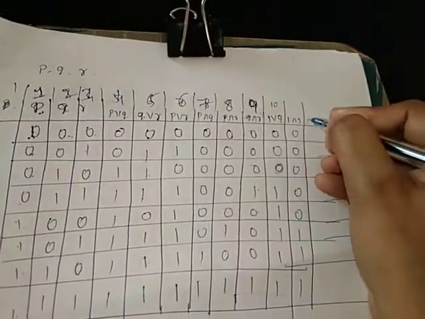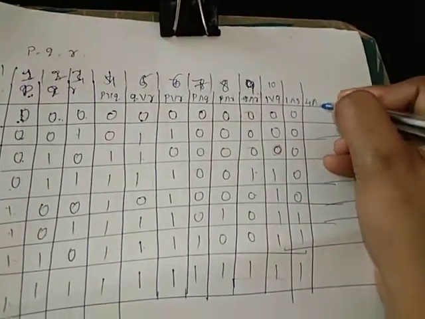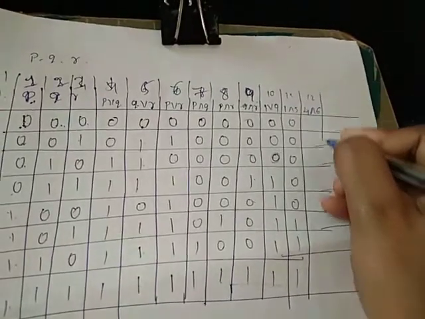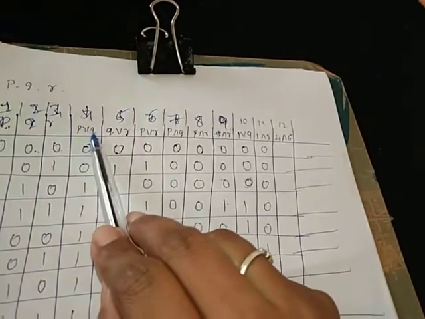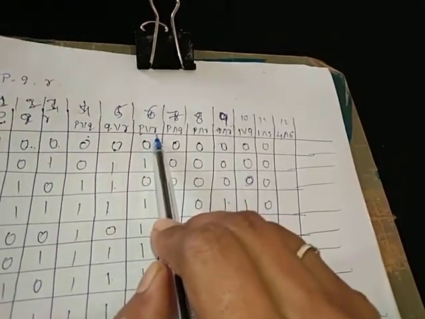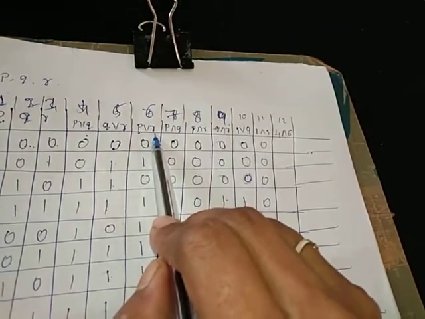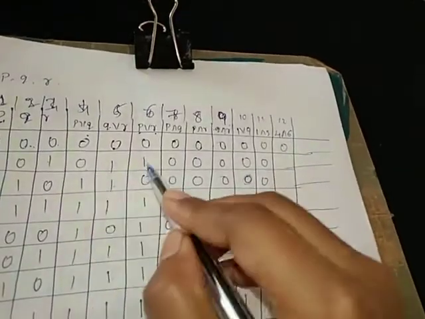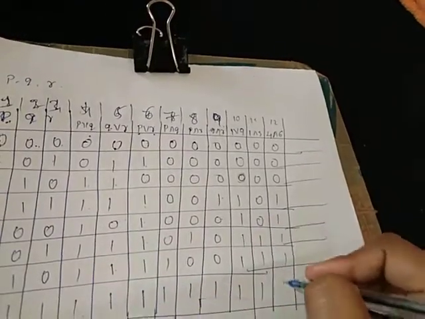Now construct 4 and 6. 4 and 6 means P or Q and P or R. So 0 and 0, 0 and 1, 1 and 0, 1 and 1, 1 and 1, 1 and 1, 1 and 1, 1 and 1.